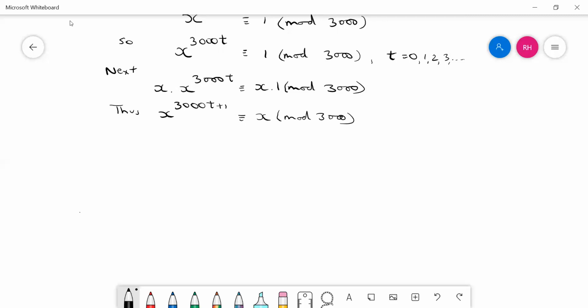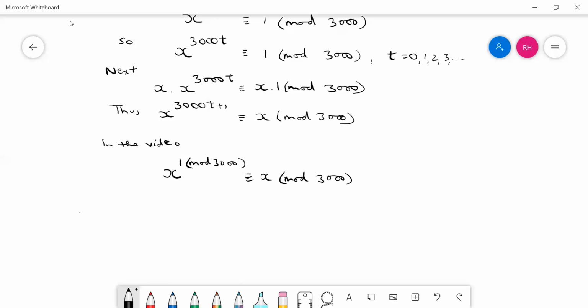Anyway, in the video I said I'm going to use what I called poor notation or bad notation. I wrote x to the 1 modulo 3000 is equivalent to x mod 3000. So that's maybe where Z is confused.